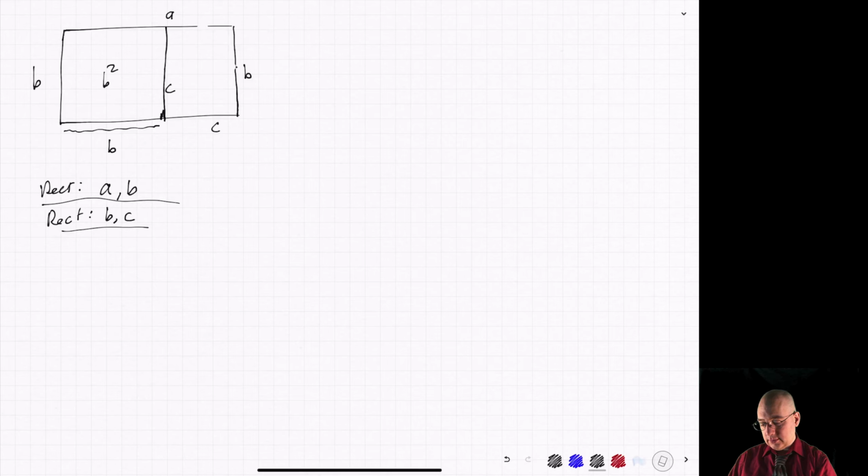That means that basically there should be a number R such that we multiply A by R and we get B. I mean, that's always going to exist.